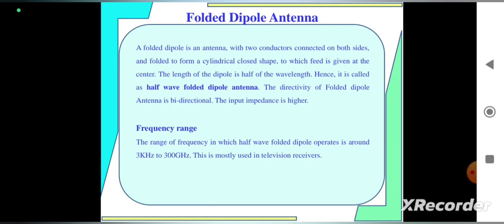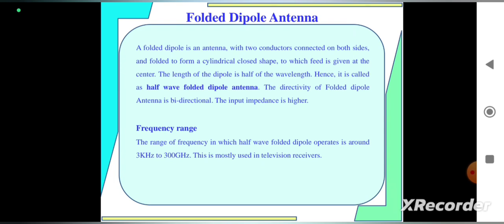That means two dipole antennas connected in parallel to form a cylindrical closed shape, but the feed is given at the center. That is called the antenna section. Compared to the dipole antenna, the folded dipole antenna also has the same feeding point.